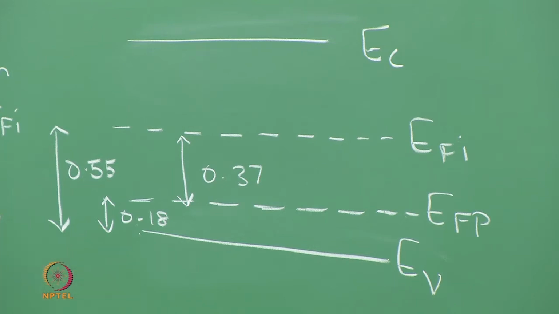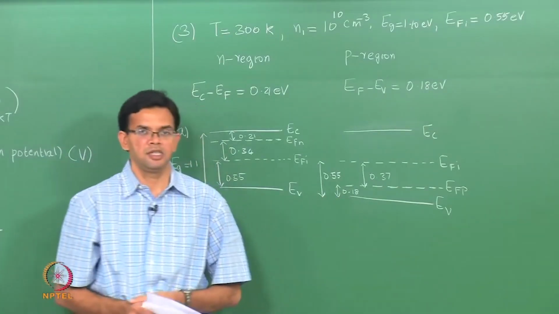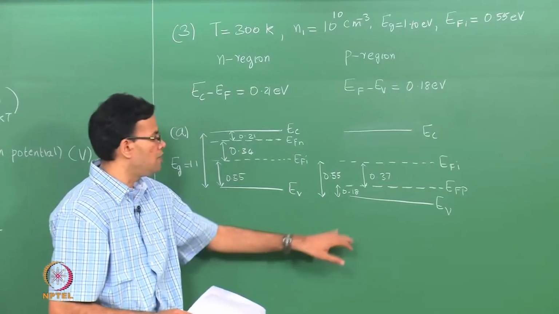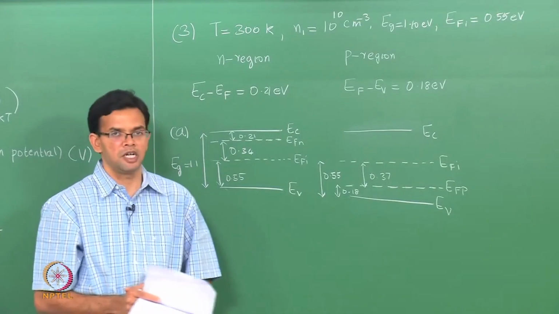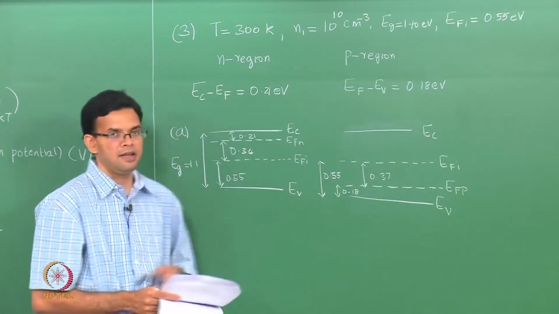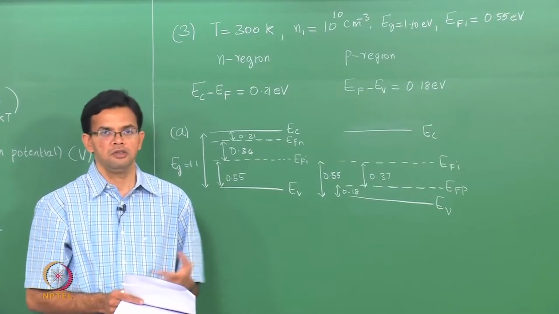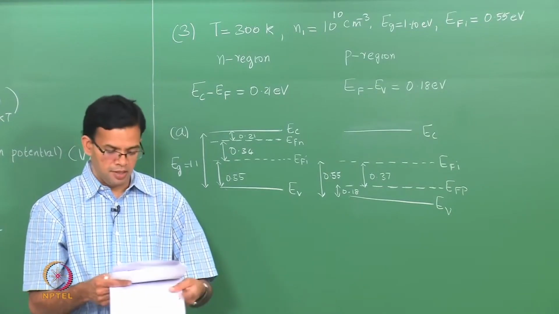So, we have the energy band diagrams of the n and the p region separately. We can put them together and draw the energy band diagram of the p-n junction. But before we do that, I would like to calculate the concentration of electrons and holes on the n and the p side.